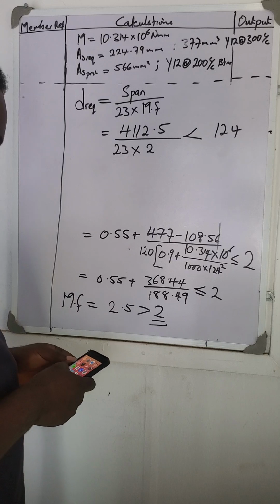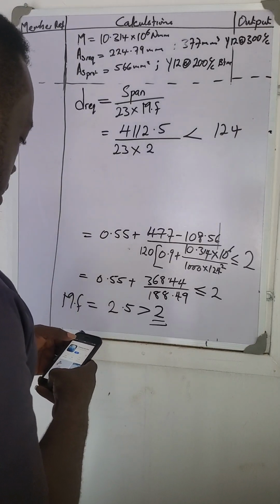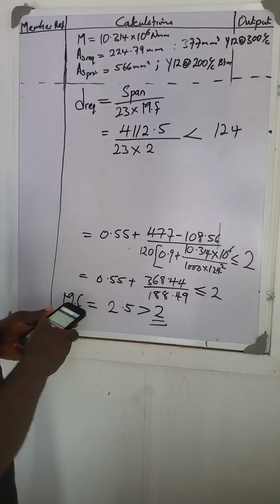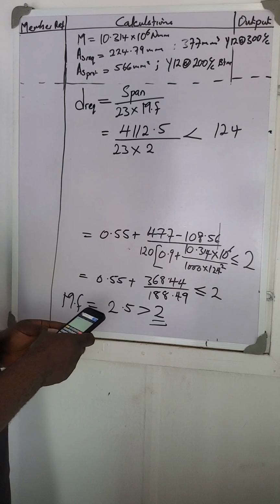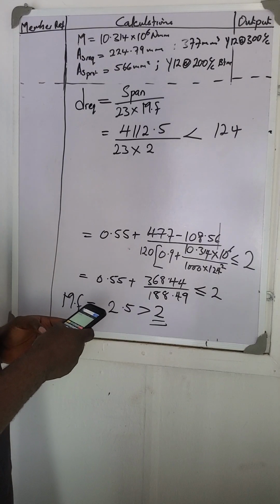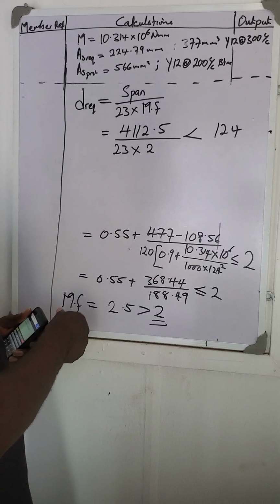When you compute this, we have 4112.5 divided by 23 times 2. This one will give me 89.